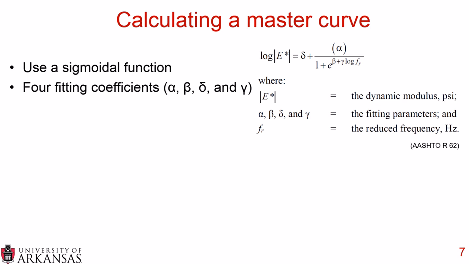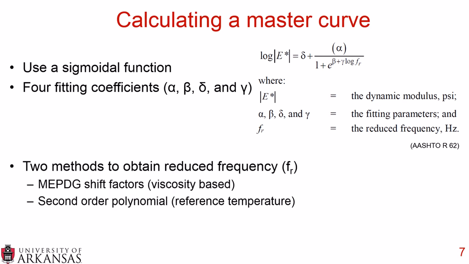And there are 2 ways to obtain the reduced frequency. We can either use what are called MEPDG shift factors, according to AASHTO R62, and these MEPDG shift factors are viscosity based. Note that MEPDG stands for Mechanistic Empirical Pavement Design Guide, and that is what AASHTO Pavement ME was called about 3 generations ago of computer programming.